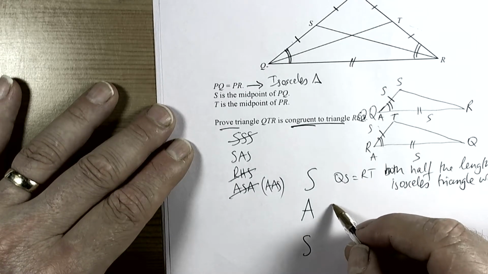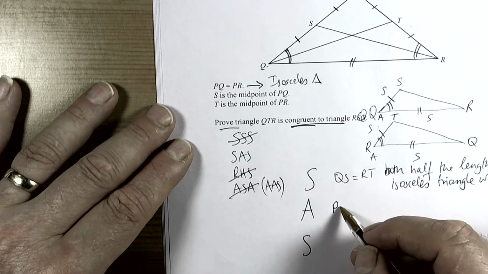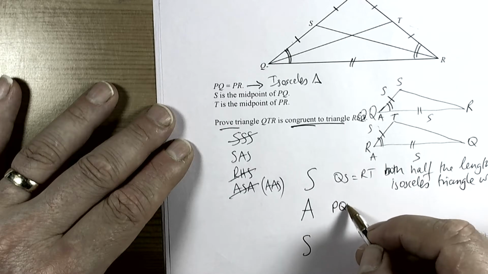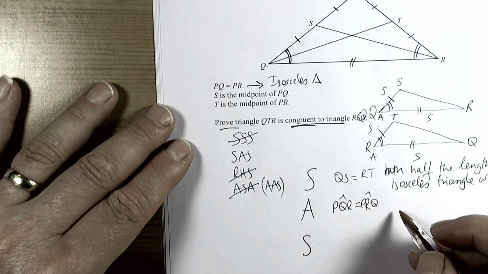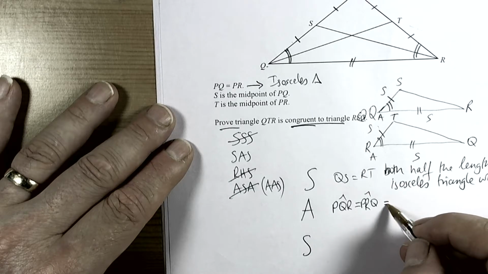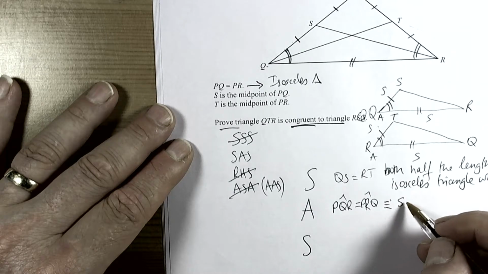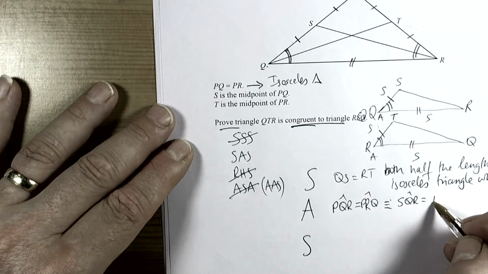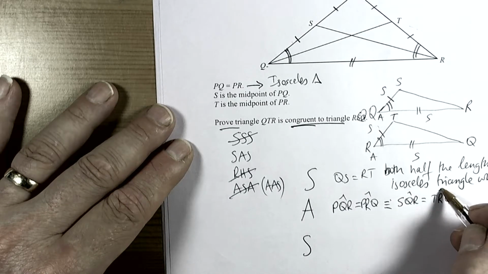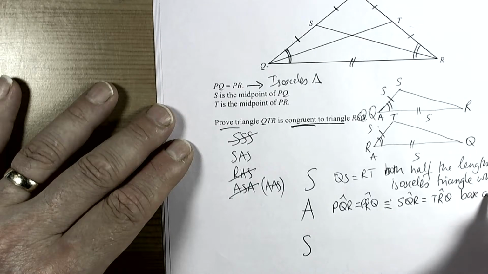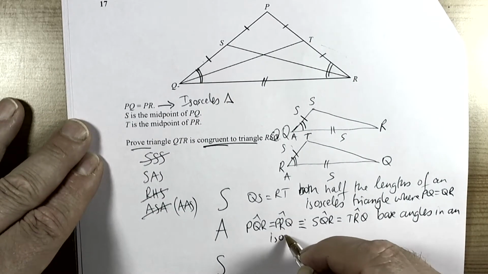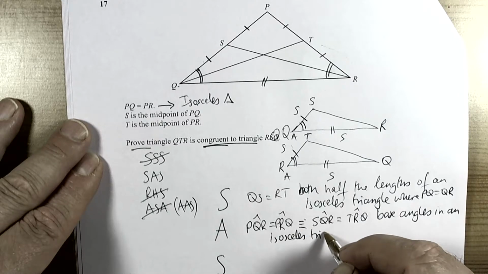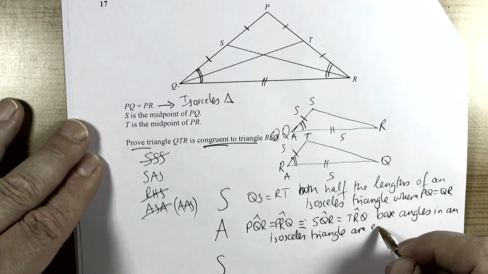Okay, so angle PQR equals angle PRQ, which is equivalent to saying SQR equals TRQ, base angles in an isosceles triangle are equal.